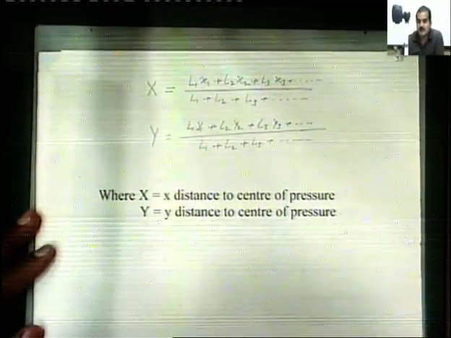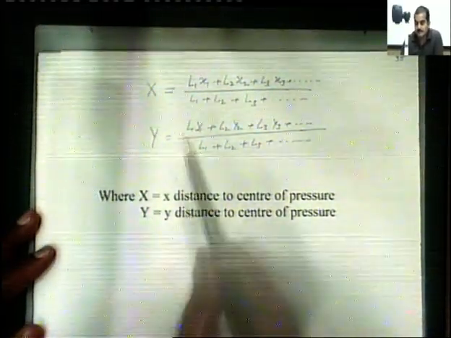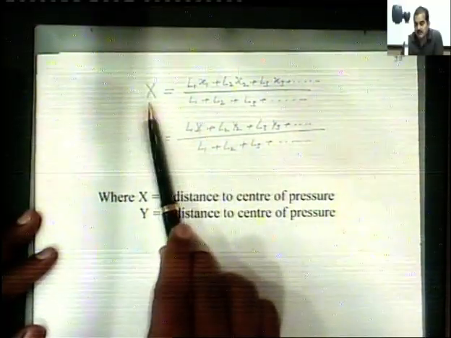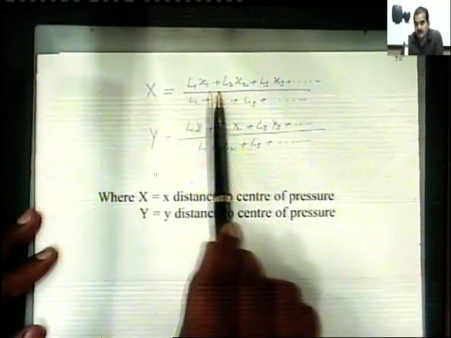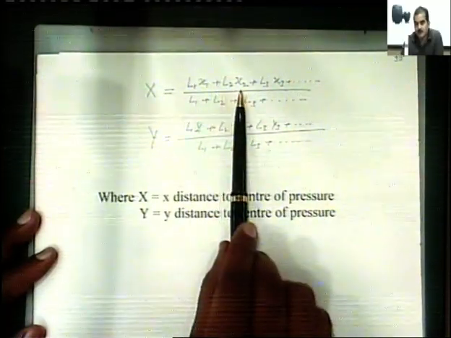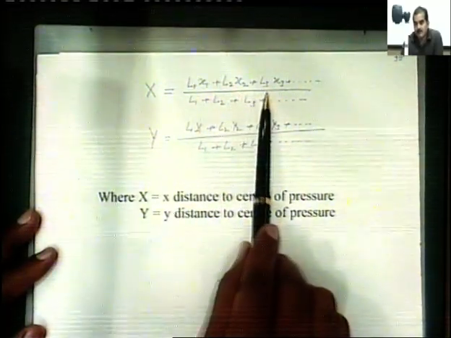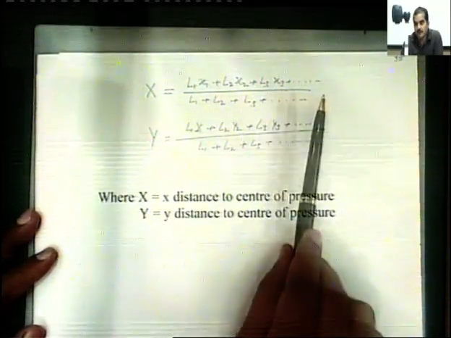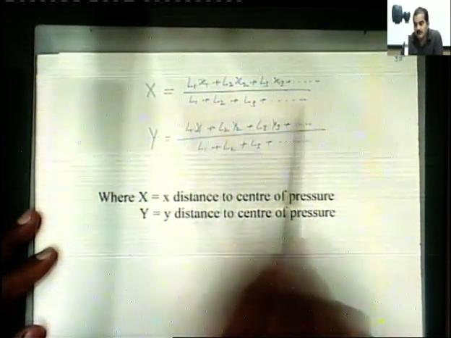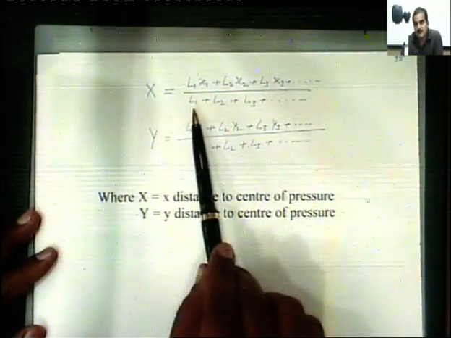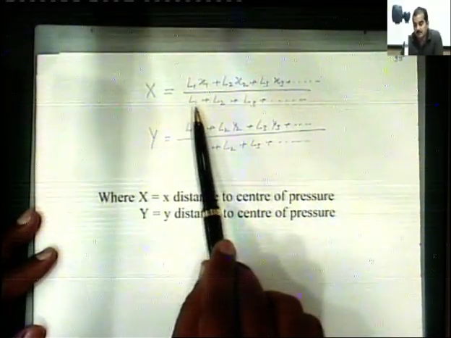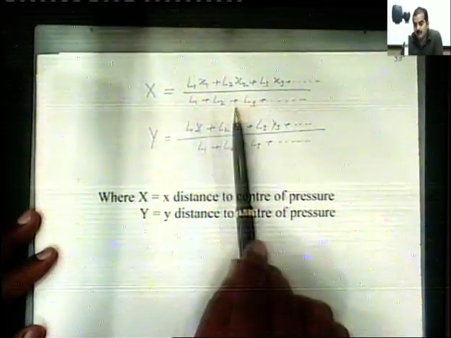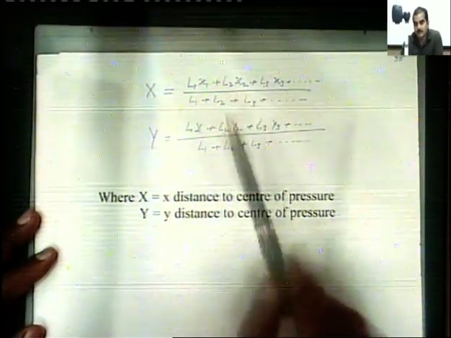Then the centroid x distance is calculated as L1 multiplied by x1 plus L2 multiplied by x2 plus L3 multiplied by x3 and so on, and this is divided by the sum of the lengths, L1 plus L2 plus L3 plus and so on.